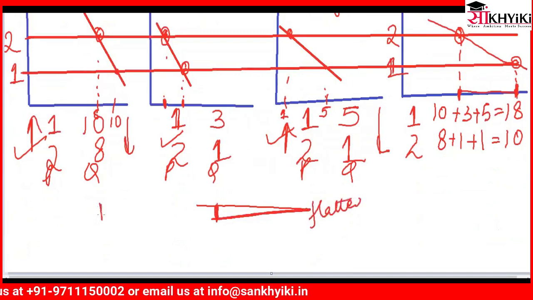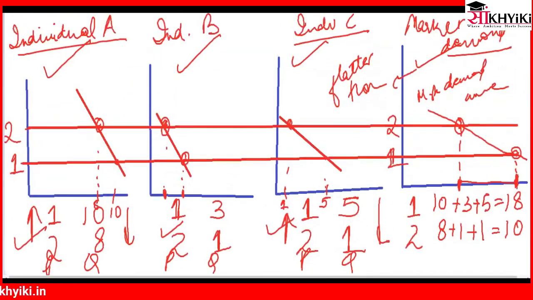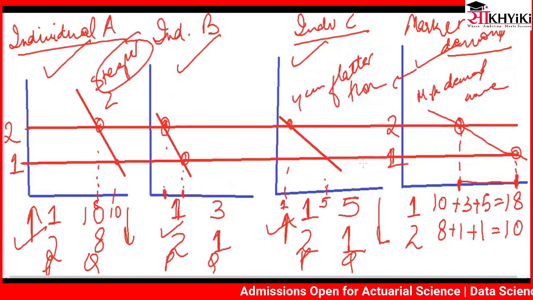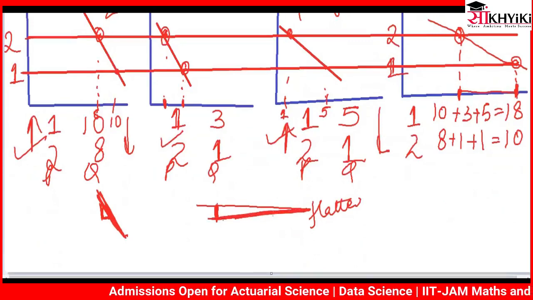If for a 1 unit change in price, the quantity changes by very little, it is going to be steeper. That is what we observe. Here, when the quantity changed by 2 units, it was steeper. When the quantity changed by 4 units, it became a little flatter, because this gap is more.